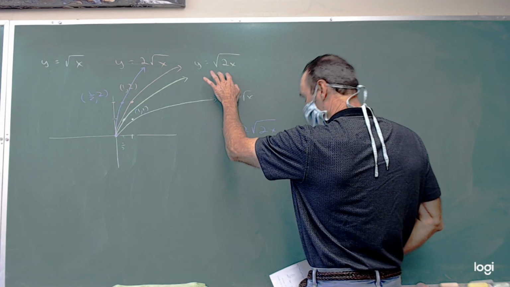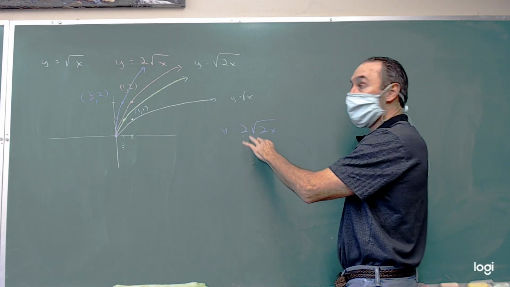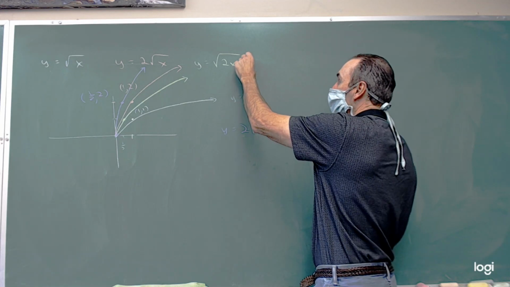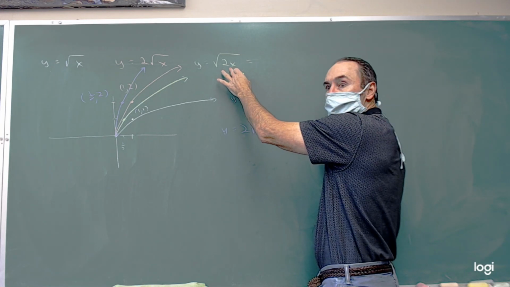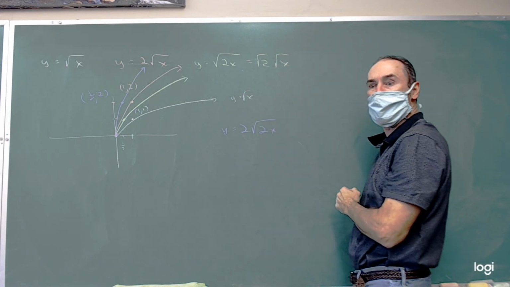So you're talking about this one? No, the one that we just did. Okay, let's come back to this in a minute first, because if I see where you're going, we could here, because the square root of 2x could be written as the square root of 2 times the square root of x.